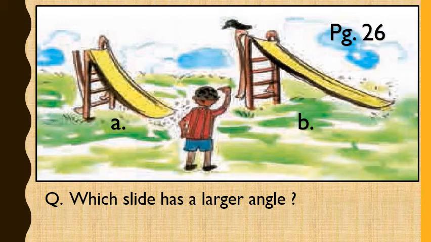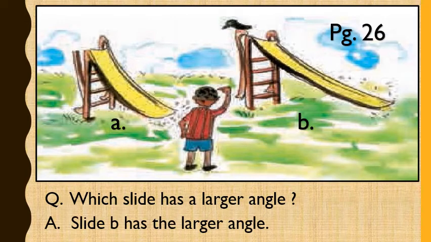Slide A, as shown, has the smaller angle, and slide B has the larger angle. Now next question, which slide do you think is safer for the little boy? Slide A or slide B? Answer is slide B is safer for the little boy.